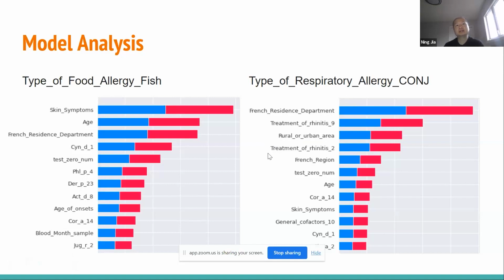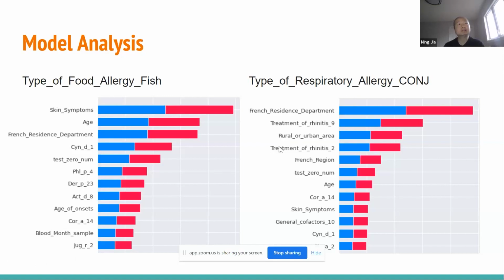So what I mean here is if you can fine-tune each model on each target, we can extract different insight regarding that allergy. So that's one benefit of doing that. Of course, it increases the complexity of the whole solution because we have like 29 separate models.